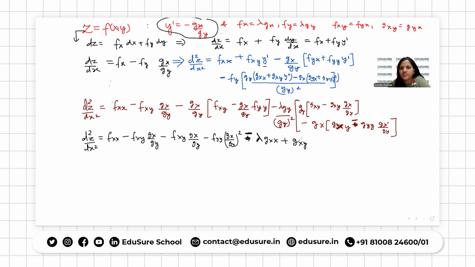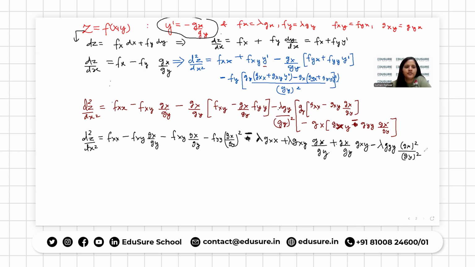This gy and this gy will cancel out each other. So we will have gx by gy. So again, minus minus plus. And then again we will have gx by gy, g of xy. And then minus minus minus. So that is minus lambda times gyy. And then this is going to be gx square by gy square.